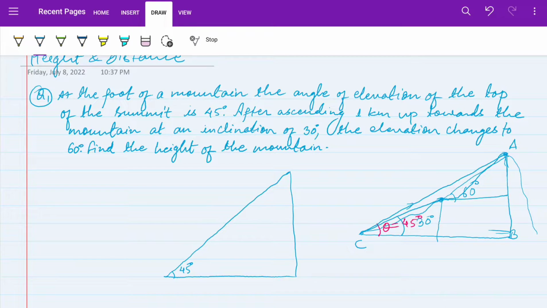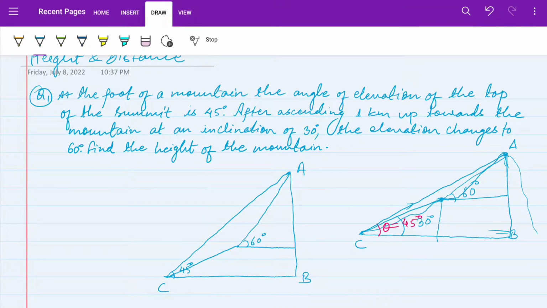Now if you move towards the top of the mountain, this AB being the vertical height of the mountain, C is the foot of the mountain. Now move 1 kilometer towards the mountain, from here at an inclination of 30 degrees. So you make a 30 degree angle, move to some point here. Now from here you observe the top of the mountain once again, and you realize this angle is 60 degrees here.